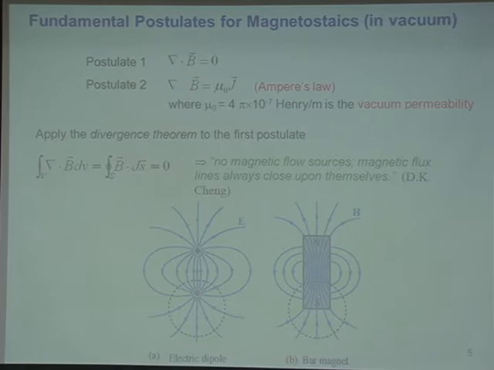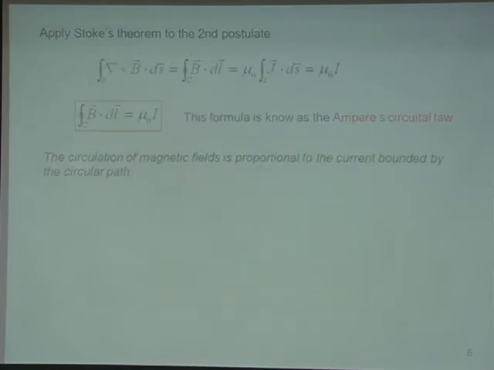So 这个很自然的，你看到这个 curl operator 的话，你有一个这个 Stokes theorem 可以用。Okay, so you do a surface integration for this, and then this is equal to just line integration at the boundary of the surface.